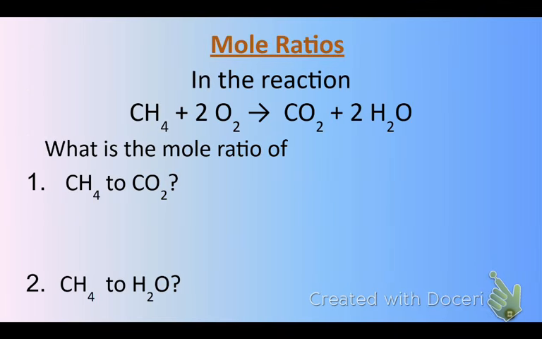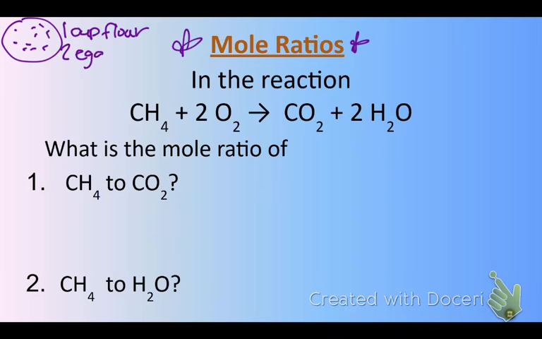So the first concept we need is this idea of a mole ratio. Your mole ratio is just like ingredients in a recipe. If I was making chocolate chip cookies, my recipe might call for 1 cup of flour, 2 eggs, and 1 teaspoon vanilla.